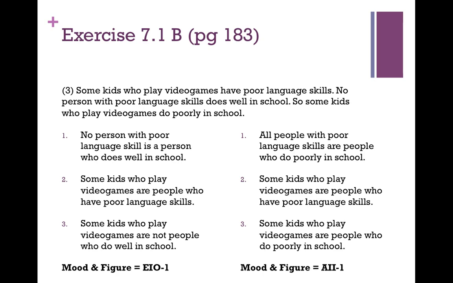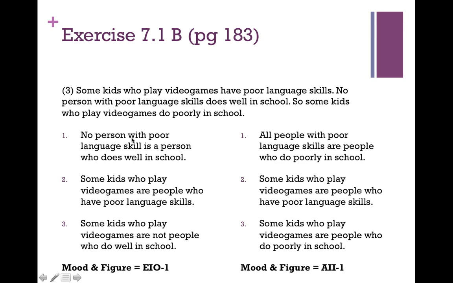Now that I think about it, obverse might be your only option, because I think if you did the other ones, it would have affected the subject, and we didn't want to affect the middle term at all. So I think obverse was the only one that was really available to you.